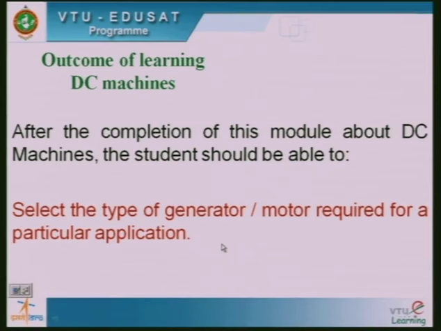In the last class, along with the characteristics, I told you the applications of series motor, shunt motor, and compound motor, that is cumulatively compound motor and differentially compound motor. I also told you the applications of generators. So, I think now you are able to decide what type of generator and motor is required for a particular application.